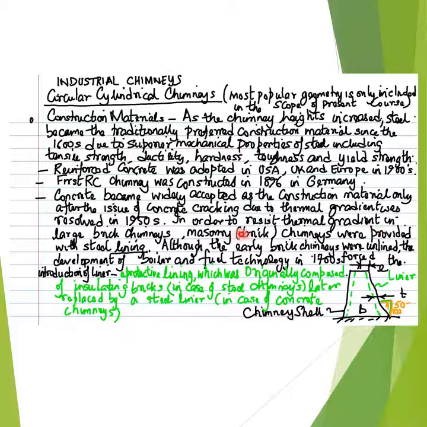Although the early brick chimneys were unlined, that is, the earliest brick chimneys that evolved from the small vents for exhaust of waste gases were unlined.